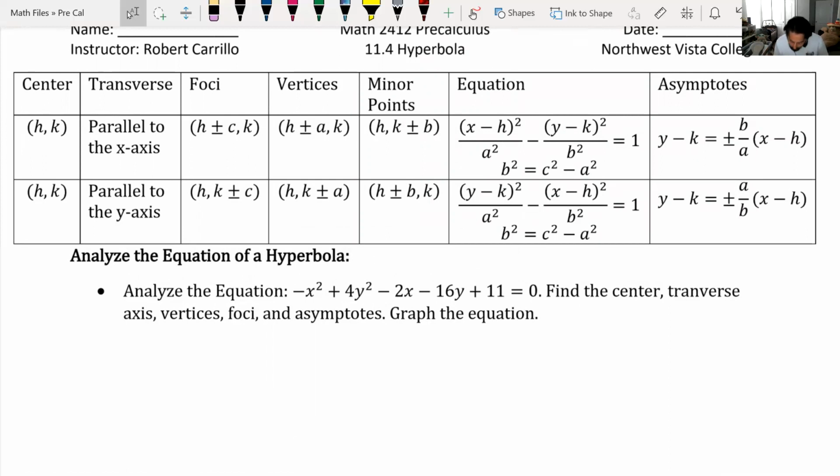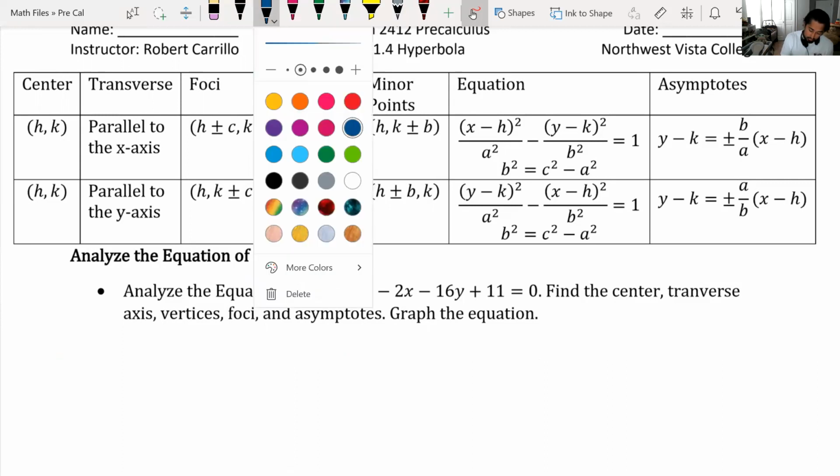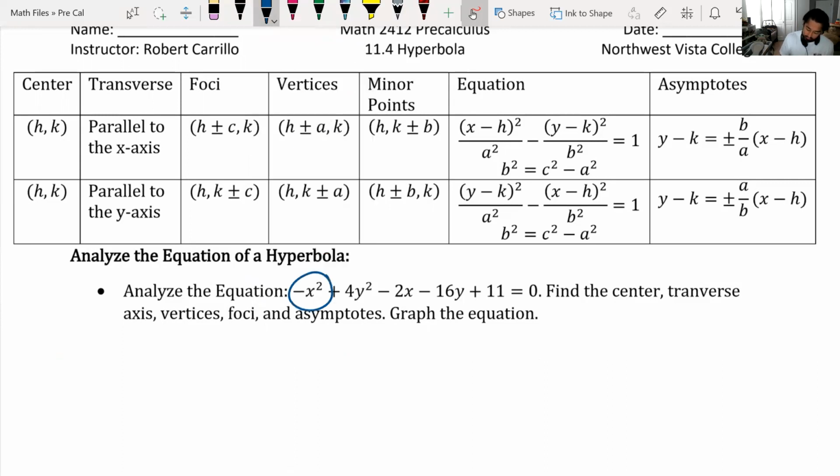Okay. So with hyperbolas, how you want to organize everything depends on looking at your x's and y's. Whichever variable, x squared or y squared, is positive, you will put at the front of the equation. Look at the equation: you have a negative x squared and a positive y squared.